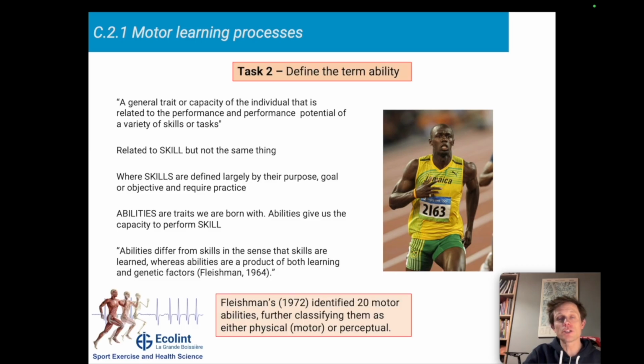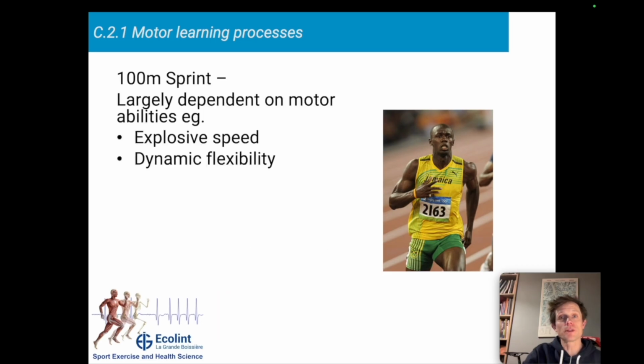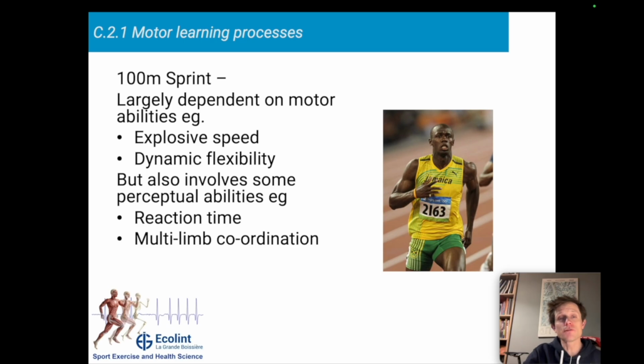Fleishman in 1972 identified 20 motor abilities and then further classified them as physical or perceptual abilities. When we're looking at the 100-meter sprint, for example, it's largely dependent on motor abilities, for example, explosive speed or dynamic flexibility. But it also does involve some perceptual abilities, for example, reaction time.